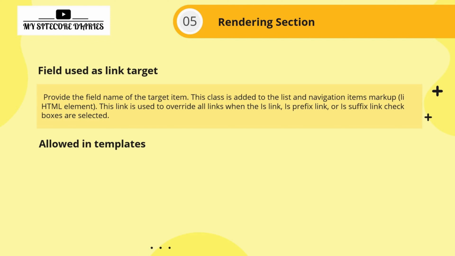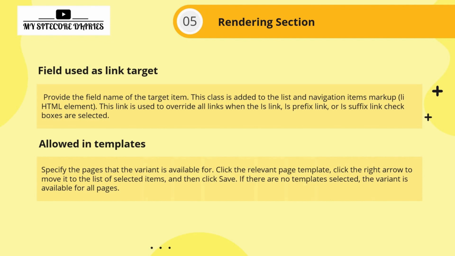Then you have allowed in templates. It specifies the pages that the variant is available for. Click the relevant page template, click the right arrow to move it to the list of selected items, and then click save. If no templates are selected, the variant is available for all pages.